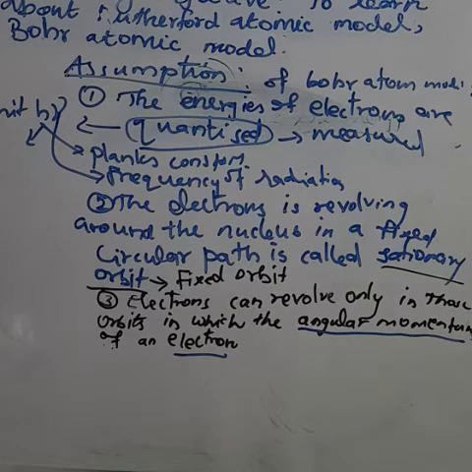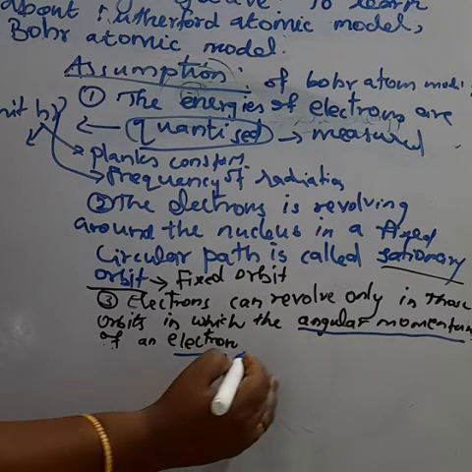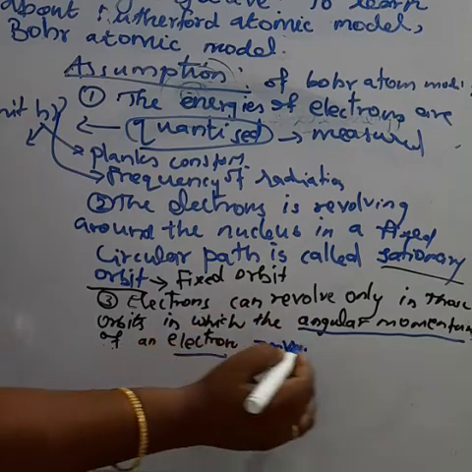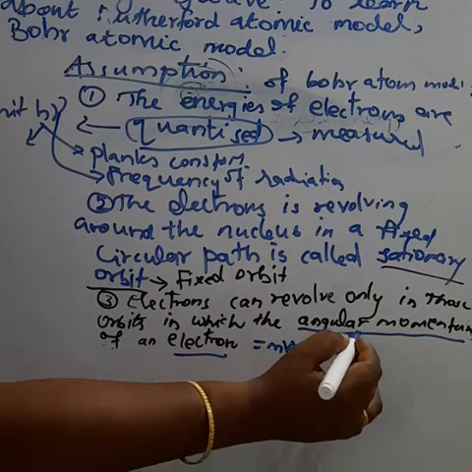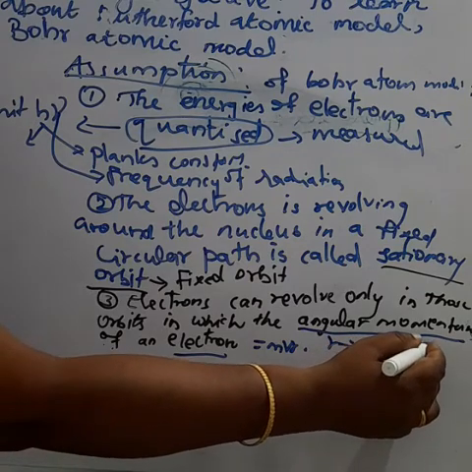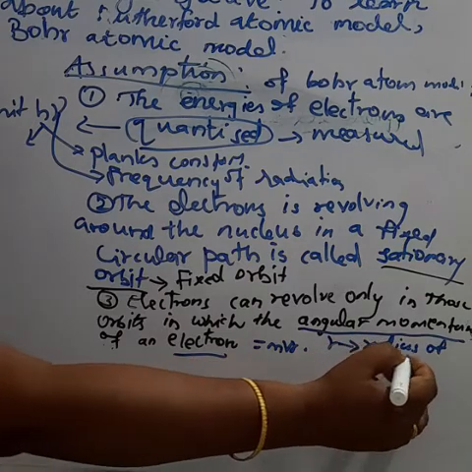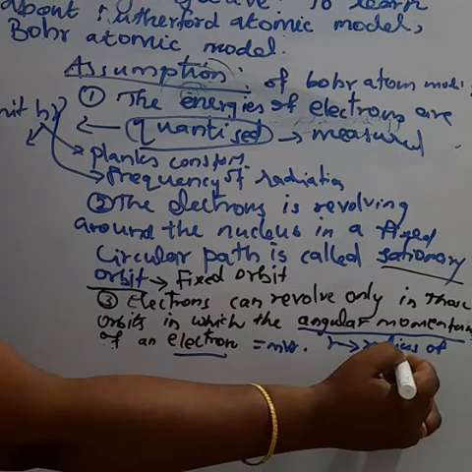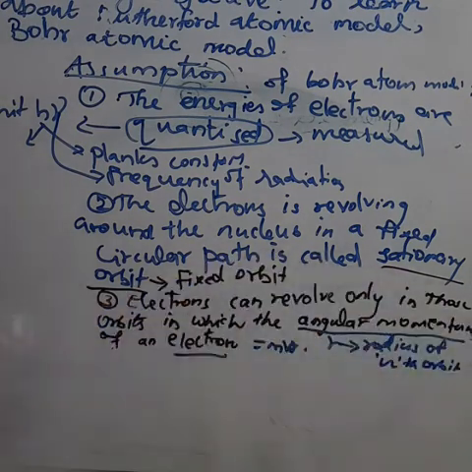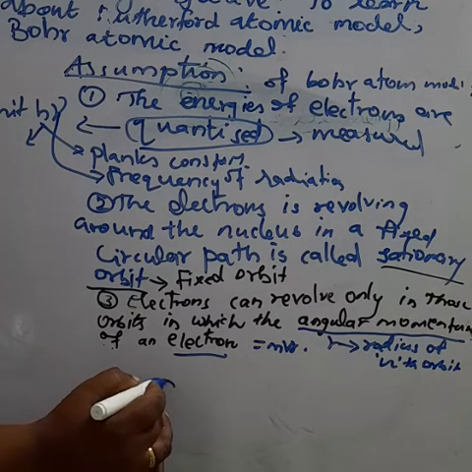that is called MVR. Angular momentum is MVR. Here, what do you mean by R? R means radius of nth orbit. What do you mean by nth orbit? You know about orbits: K orbit, L orbit, M orbit.